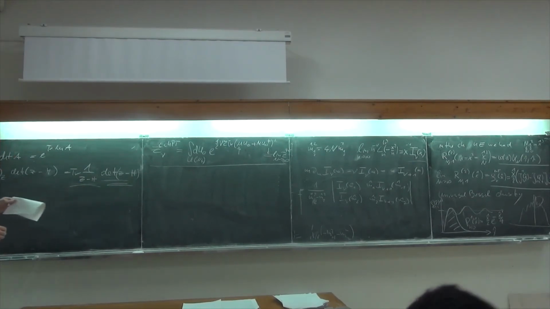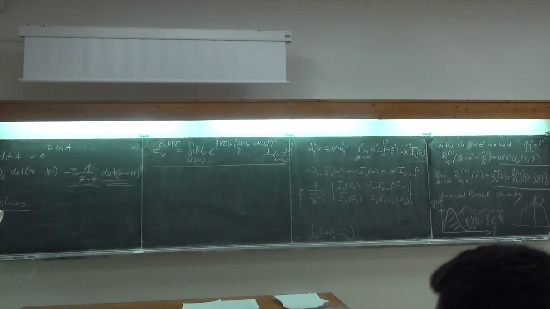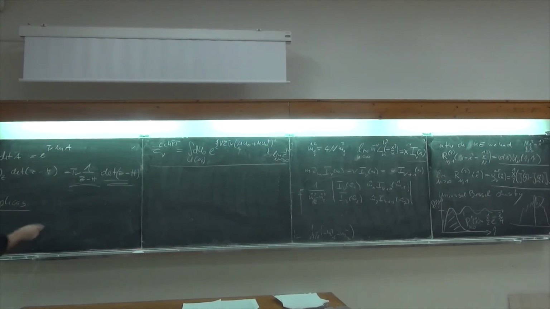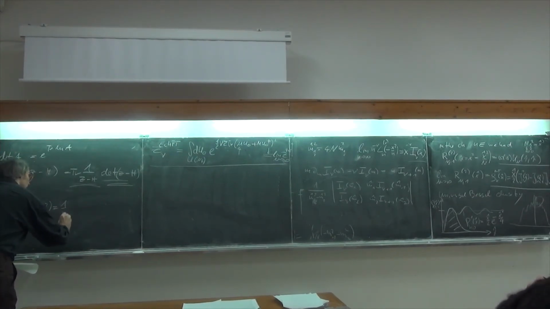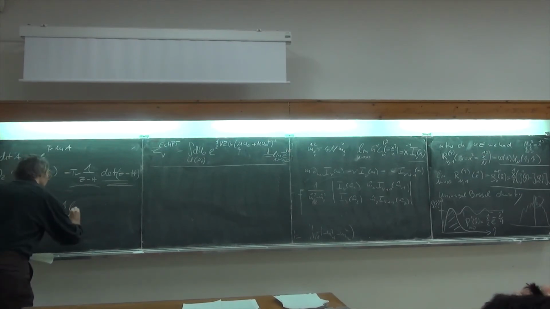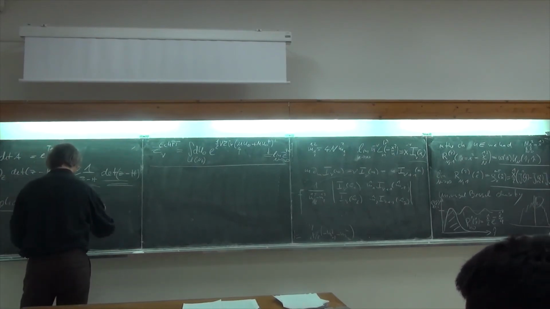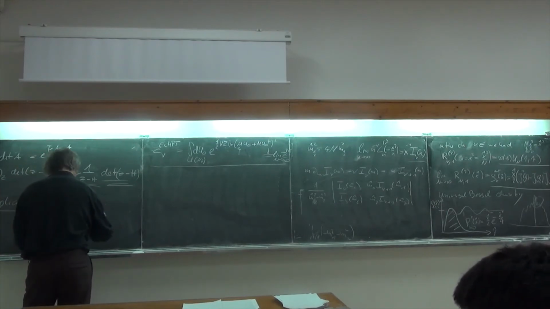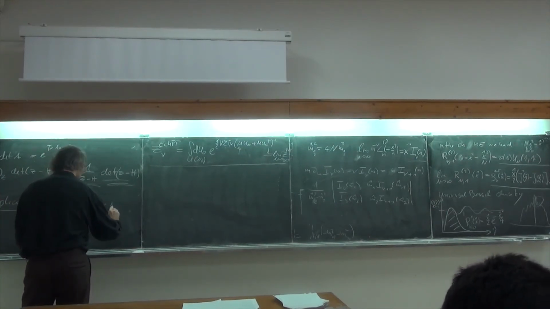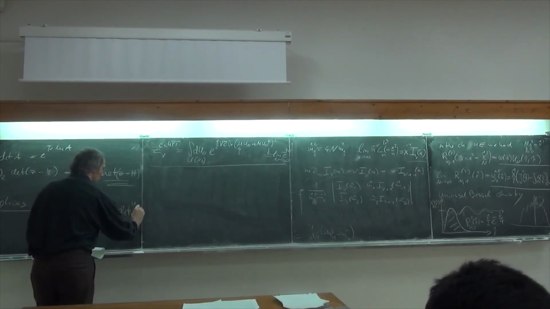The first way goes under the name of replicas. You take the following limit, with 1 over n, where n goes to 0, of the derivative with respect to z of 1 over n times the determinant to the power n of z minus h.